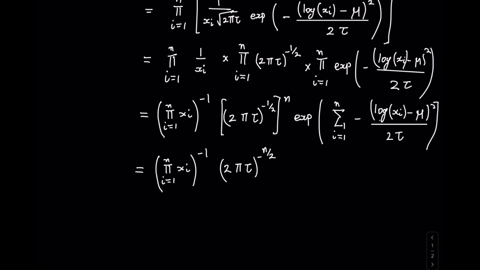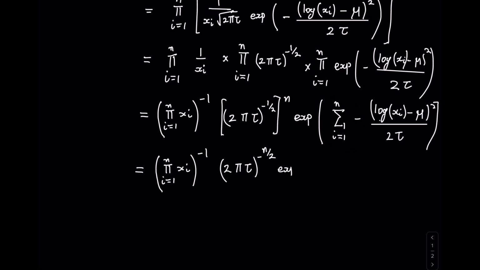And then with this component here, there are a few things we can do, but for the time being, I notice that I've got a -1/(2τ) that I can take out as a common factor in this summation. And that's actually what I'm going to do.